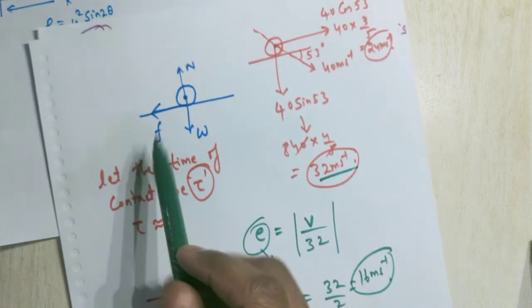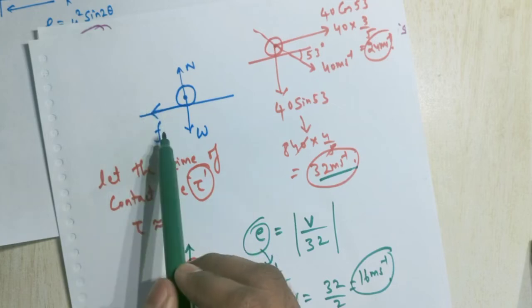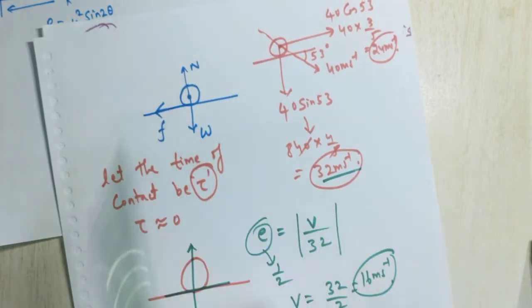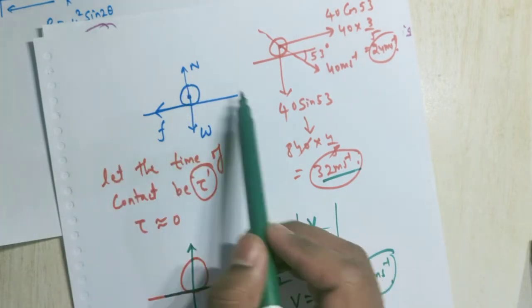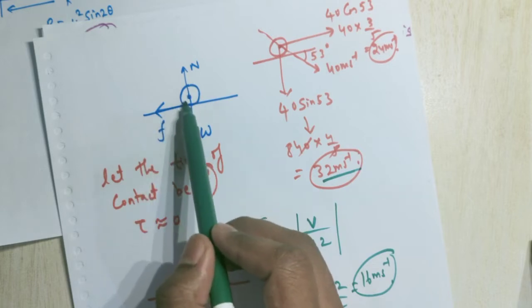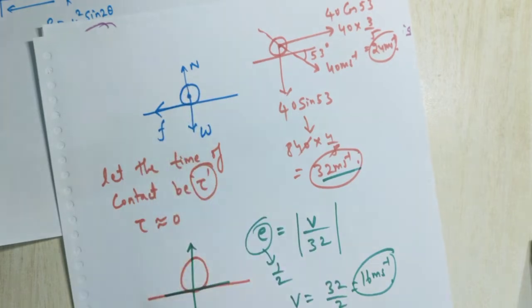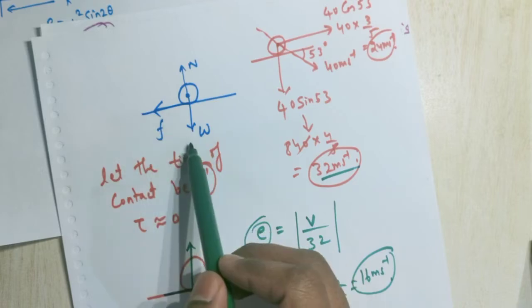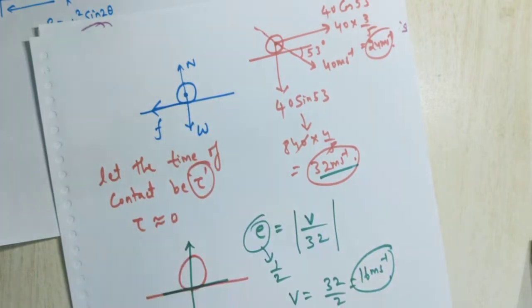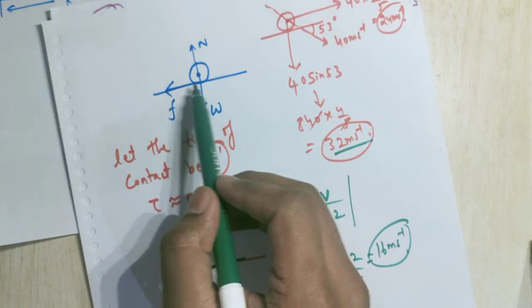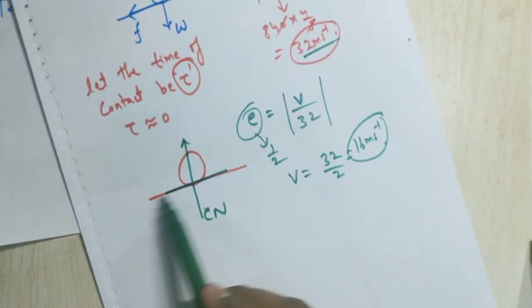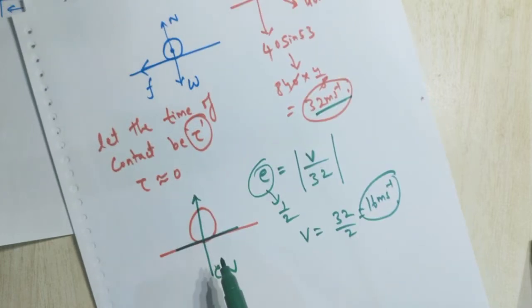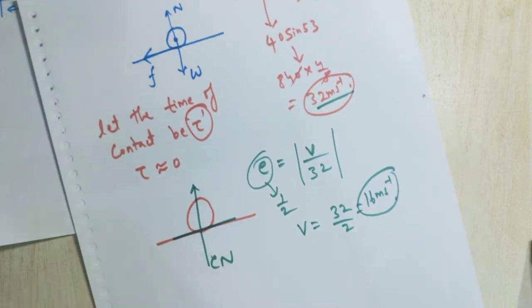Along the common tangent also forces are acting, external forces are acting. Friction is an internal force to the system, but if you look at the ball and the ground separately, this friction is an external force to the ball. And the same friction will act on the ground in the opposite direction due to the ball. So since there are forces in the common tangent direction also, velocities will change along the common tangent also. By how much velocities will change, let us see.